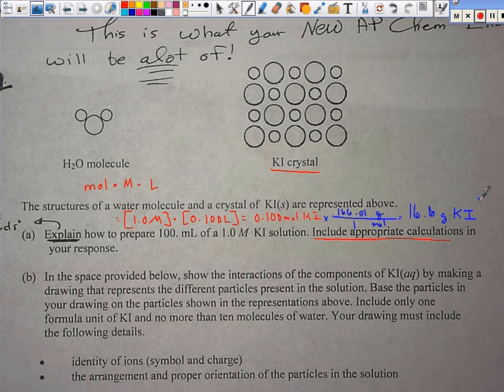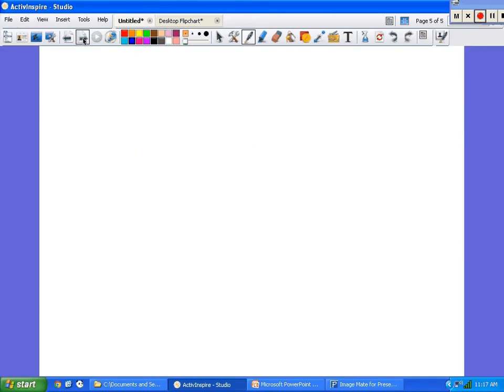What's wrong? 0.100. This right here is 0.100, and it's 166.01, so 16.6 grams of KI. Now, this is our explanation. What are we going to do with that 16 grams? Okay. Well, the first thing we need to do is mass out 16.6 grams of potassium iodide crystals.